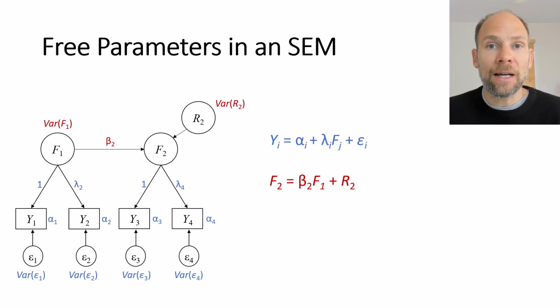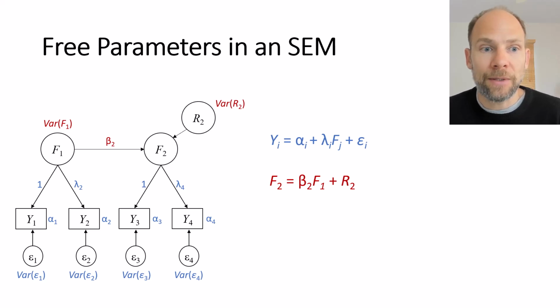And so means are then only relevant for the observed variables, and they are used for estimating the intercepts, alpha 1, alpha 2, alpha 3, and alpha 4, which means the intercepts in many cross-sectional single group structural equation and factor models simply represent the observed means. There are no latent means included, and therefore also no intercepts in the structural models.